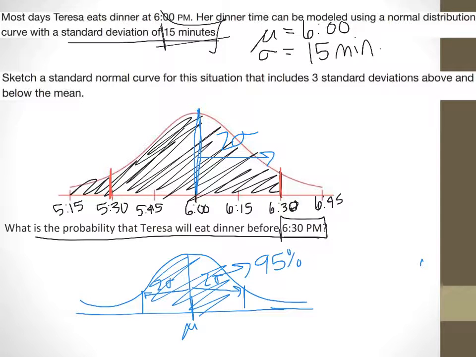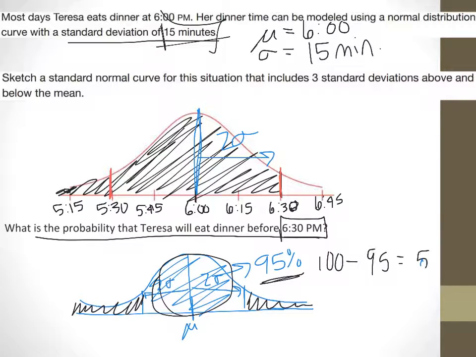That should be 95%. But notice that I have this little tail area. Using this 95%, I know that 100% of my data is under this entire curve, and so if this middle part is 95, then 100 minus 95%, giving me 5%, is located in these tails.